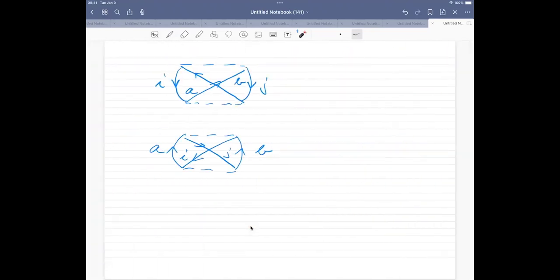So diagrammatically, the last term is going to look like this. I will have an A and I, and then a similar loop here, where I now have particle B and J. So this should be I here.